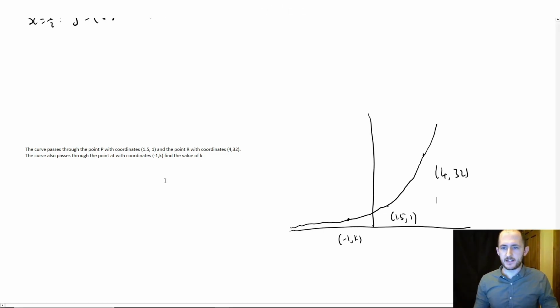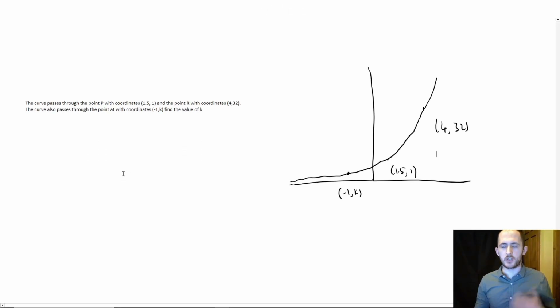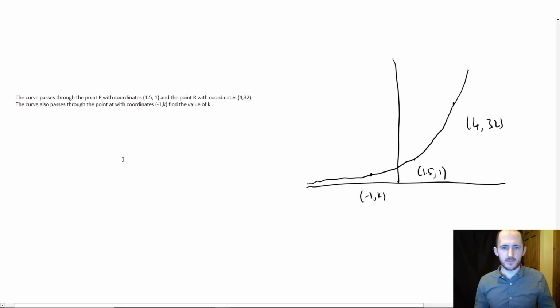And we basically need to find the value of k. But to do that, first of all, is everything big enough? Can everyone see everything? To find the value of k, what we need to do is find the actual expression for this graph.